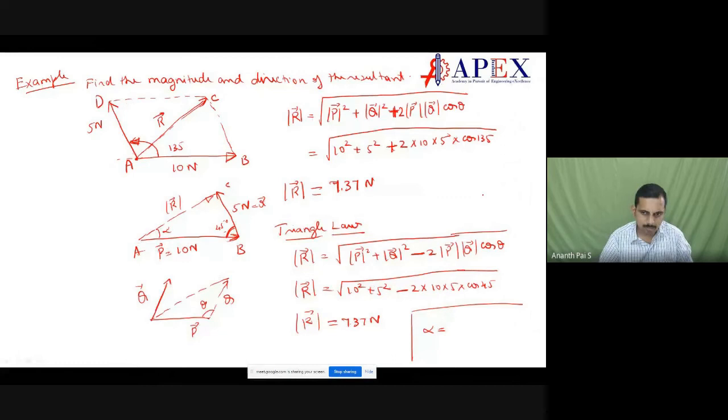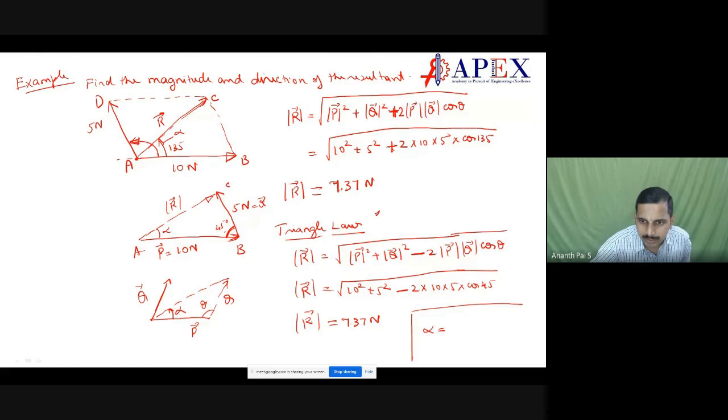Done, students? What is alpha? If it is done, you have to tell me what is alpha. Alpha is this angle, the angle between P and the resultant.